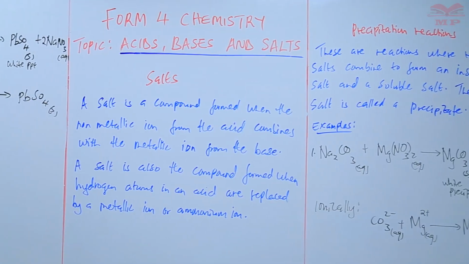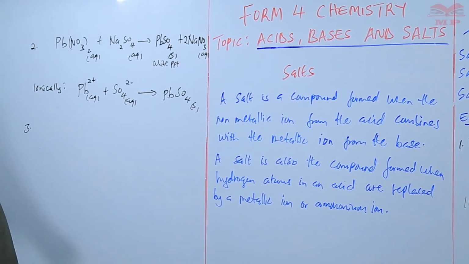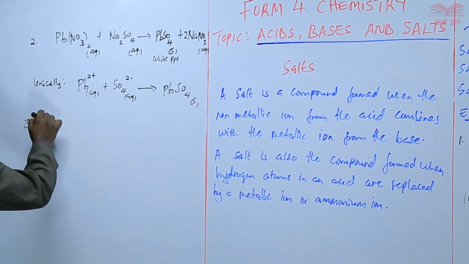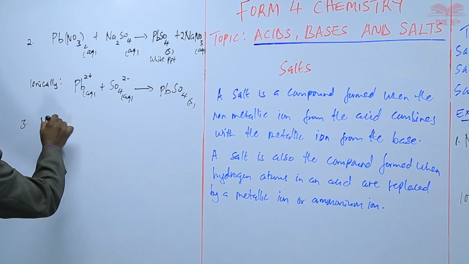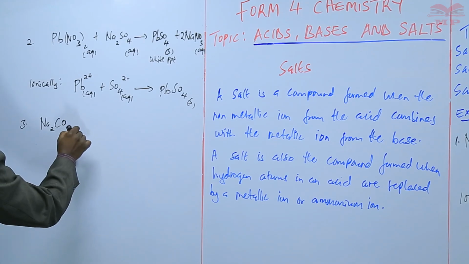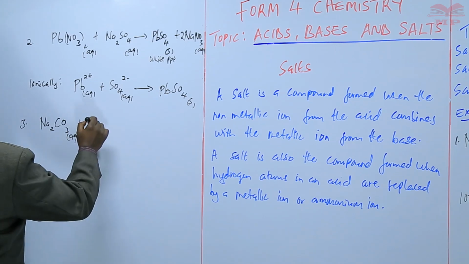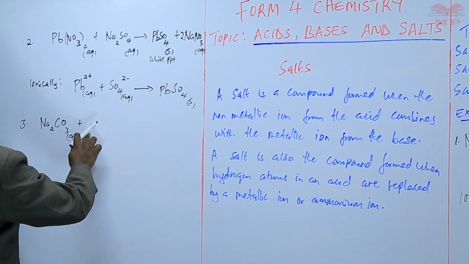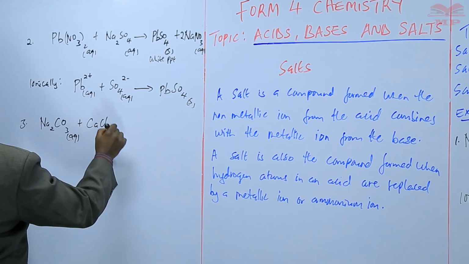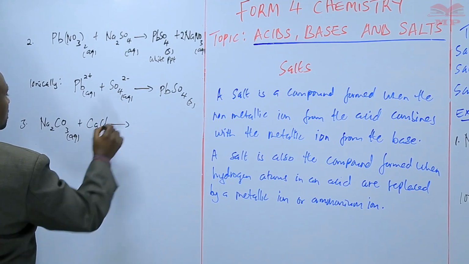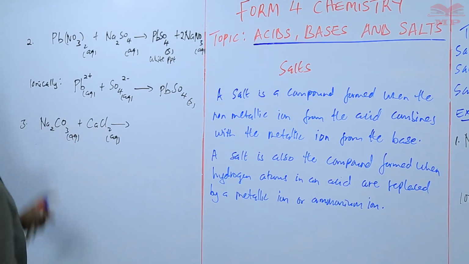We can still take the third example, and on this we'll take sodium carbonate, which is soluble, plus calcium chloride, another soluble salt, and here after the exchange we shall have sodium chloride and calcium carbonate.